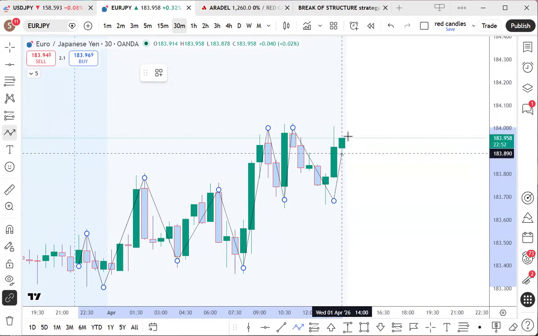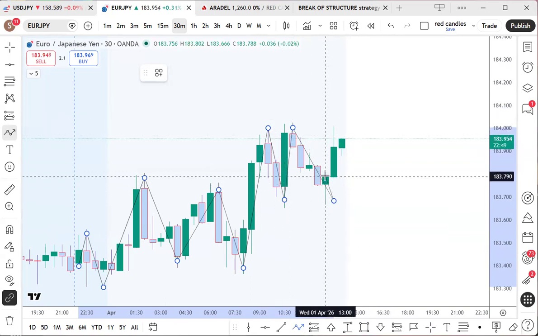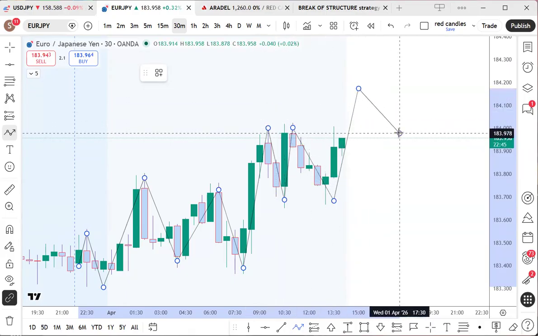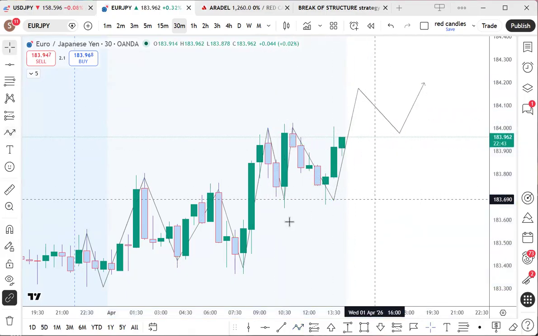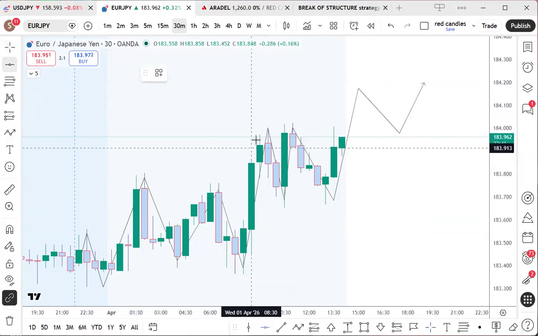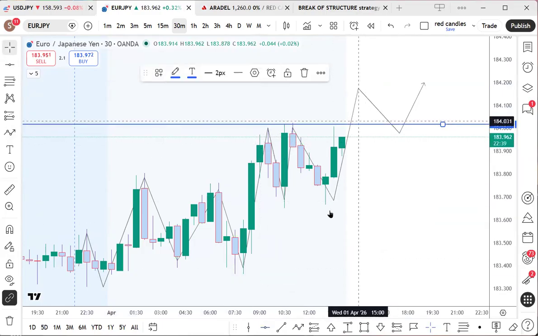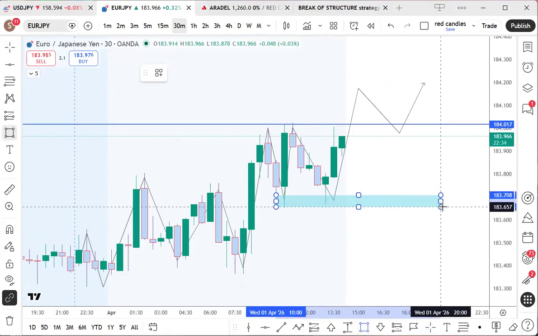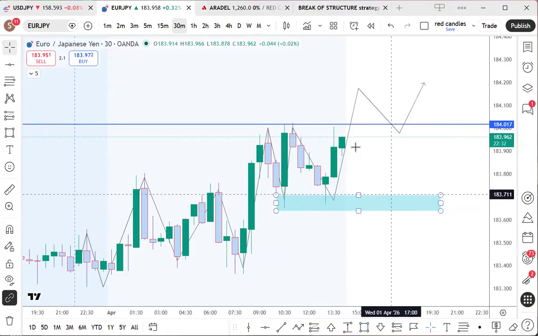It seems Euro Yen is having very deep pullbacks. So it's going back to these highs here. Potentially we can expect it to break these structure highs and then go further up. If not, if it breaks this line in the sand here, then it's no longer in an uptrend.